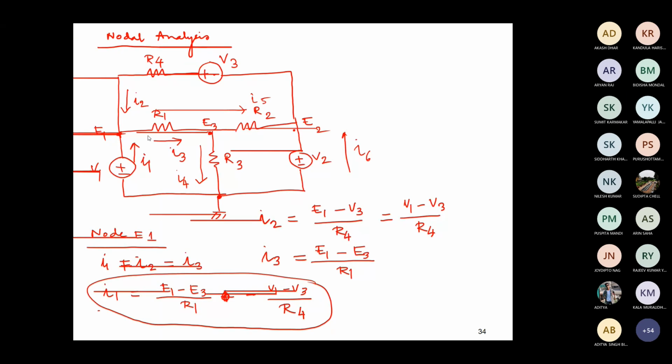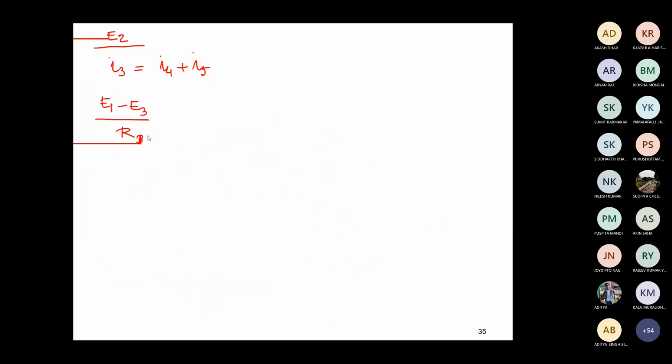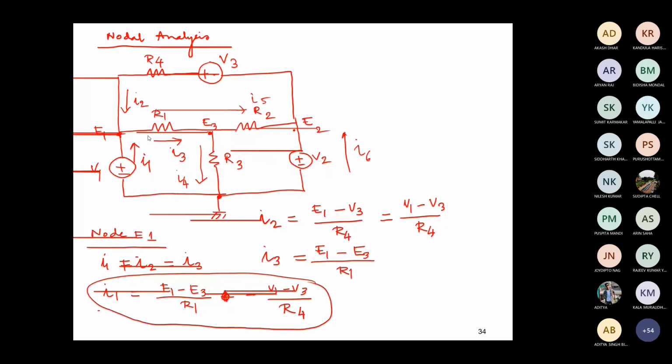Sir, it should be the node E3. I3 equal to I4 plus I5, that one is at E3, no sir. I3 is equal to E1 minus E3, right? I3 is the current flowing from E1 to E3, so it should be E1 minus E3 divided by R1.